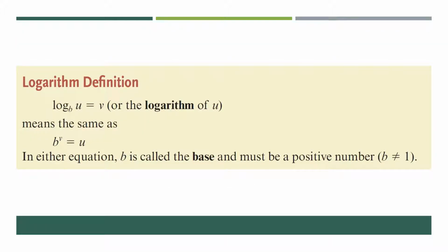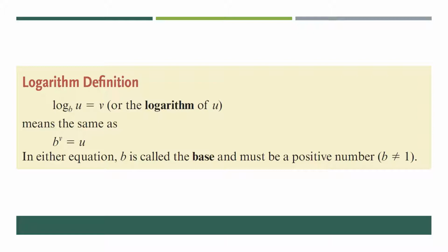Here's the formal definition of a logarithm. It says log base b of u equals v means the same as b raised to the v equals u. In either equation, b is called the base and must be a positive number, but b is not allowed to be 1.